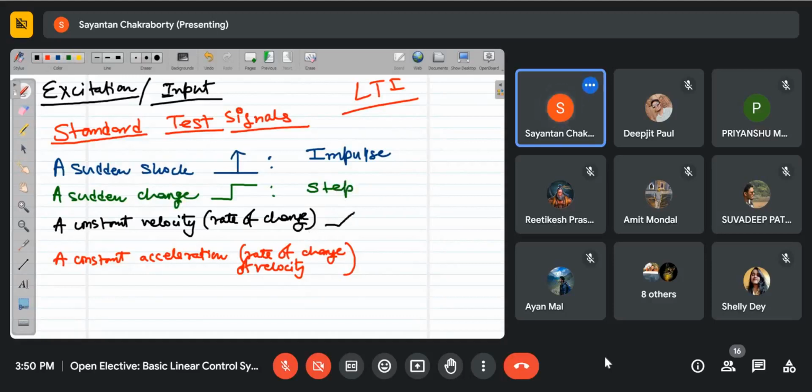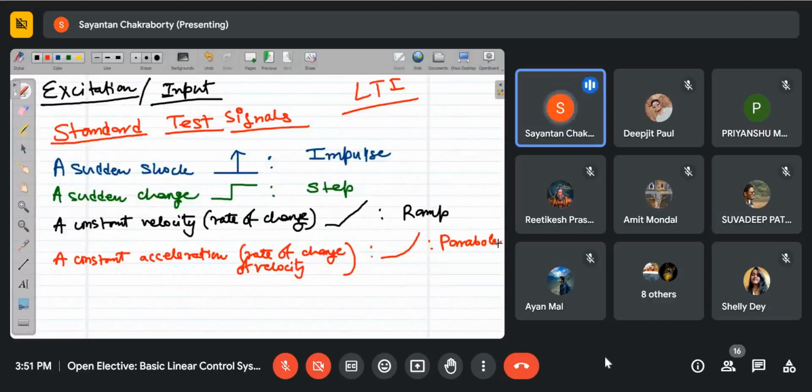Constant velocity: ramp. Constant acceleration: parabolic. That's it. Then you can go for higher orders, but these four are sufficient.